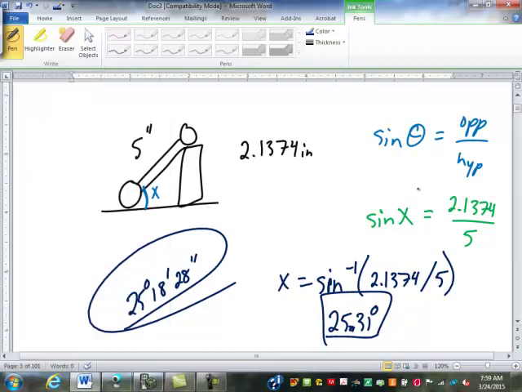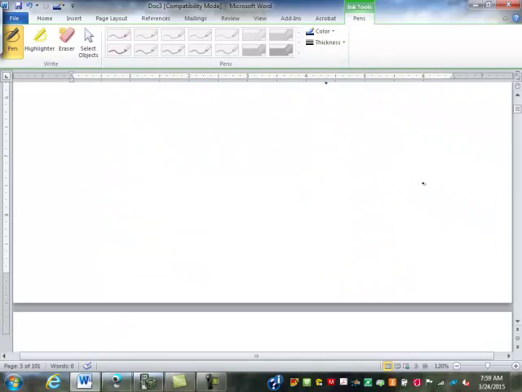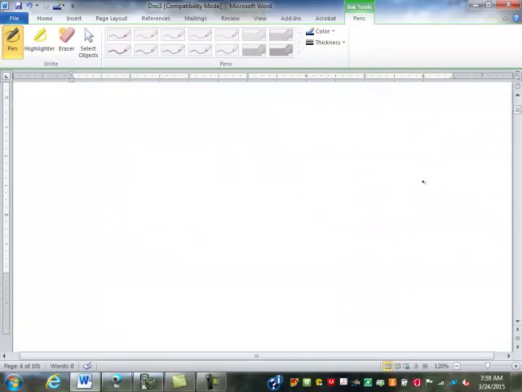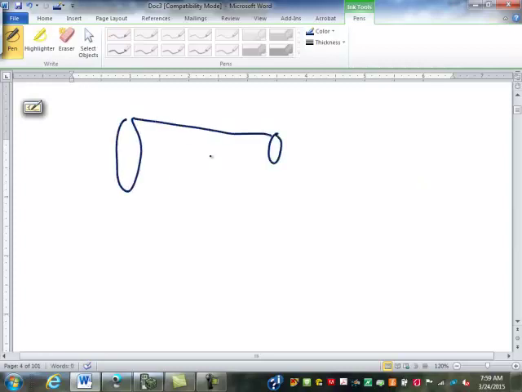Other applications. When we have a taper, there are three common features of the taper that we're familiar with.